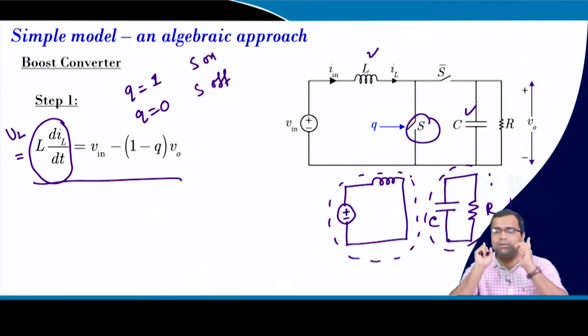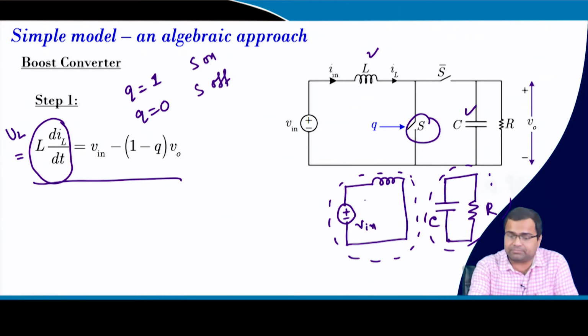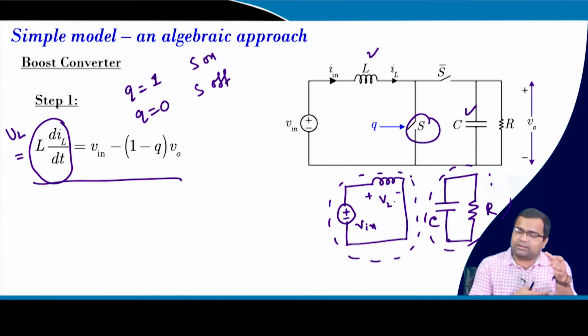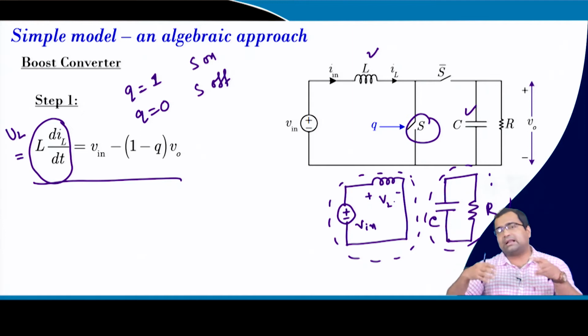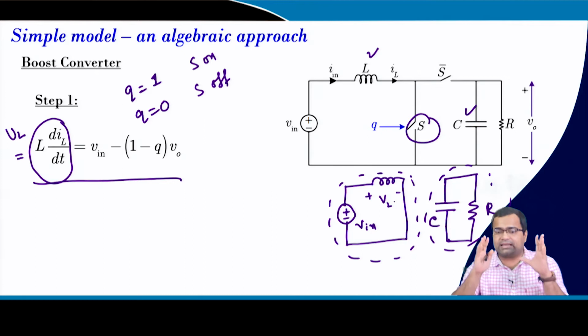And this is the problem of this boost converter, because in this configuration we have an input voltage here, so the voltage across the inductor is positive. If we continue this for a long time, the inductor current will keep on rising and at some point it will saturate the inductor, and that is the danger in the boost converter.